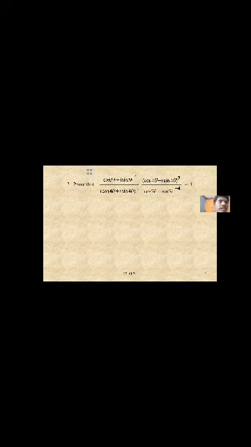Third question, prove that (cos 3 theta plus i sin 3 theta) whole power 4. Here the bracket is not printed, we should keep the bracket.